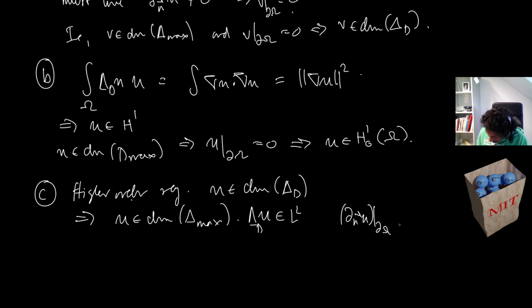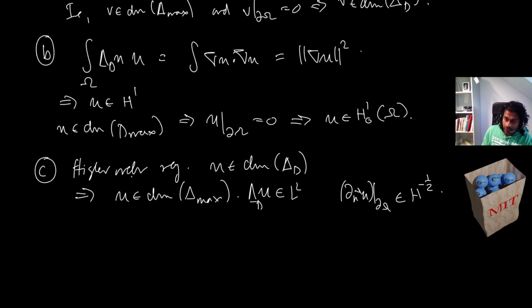So this thing is going to be now, so we already know that u is in H1, so this is going to be H0 in some sense, or L2, and then this is going to be minus a half, right? So the Calderón projector then respects this, so that means that B of D is elliptically regular.